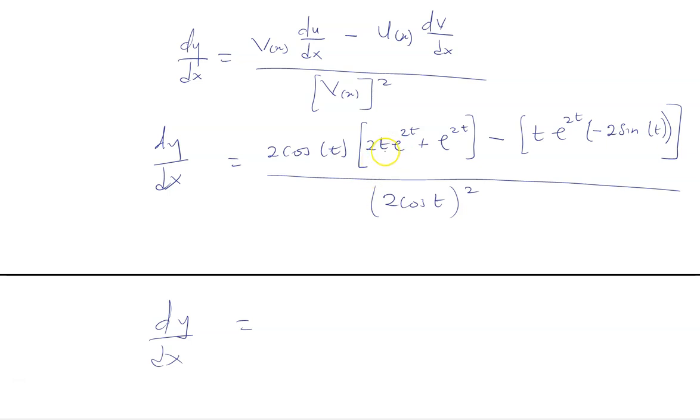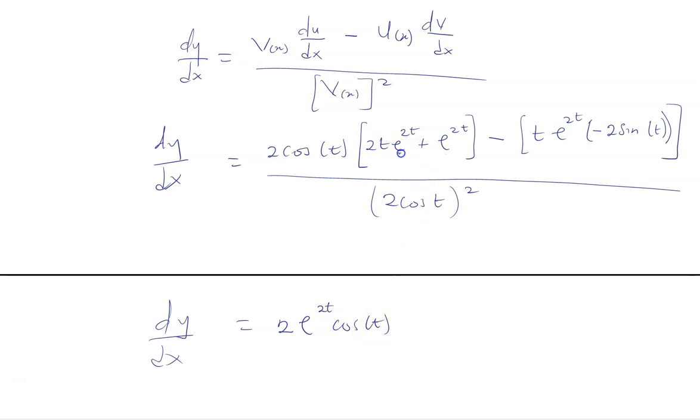So how do you do the simplification? On this side, I can see that the common term is e^(2t). So I can bring it out and multiply it with the 2 cos t. At the end, I'm going to get 2e^(2t) cos t.